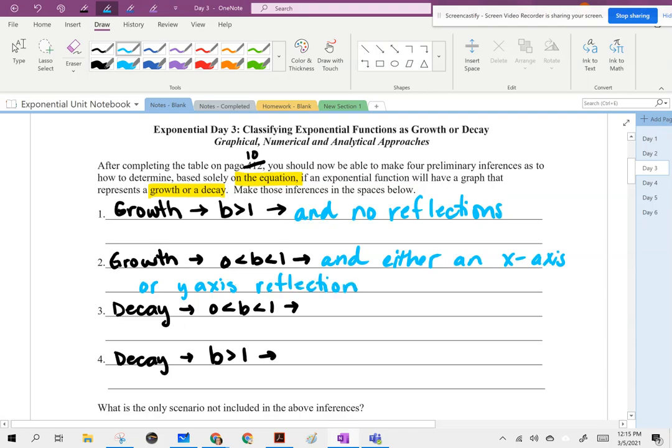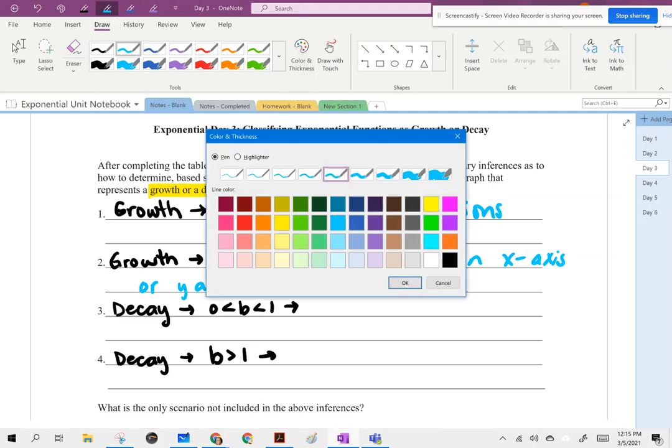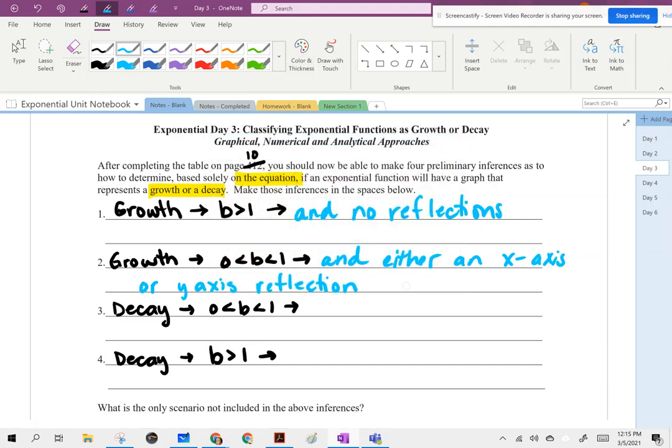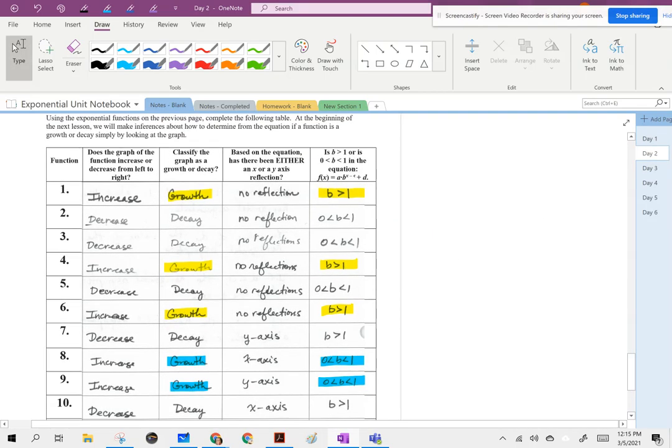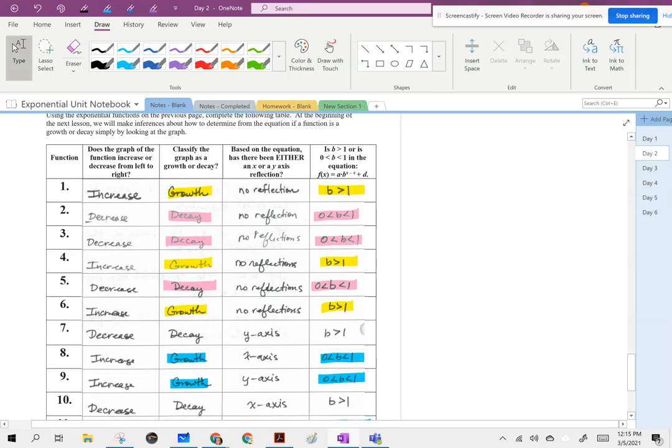All right, now let's take a look at decay, specifically where b is in between 0 and 1. So let's go back, and we're going to look at decay where the b value is between 0 and 1. Okay, and now let's take a look at what's happening with each one of those situations.